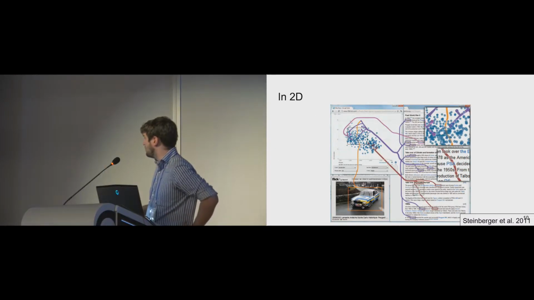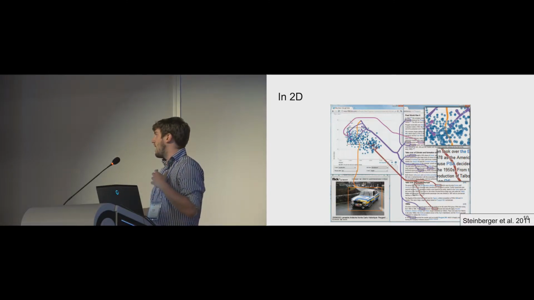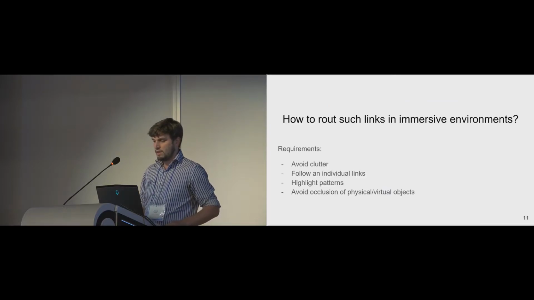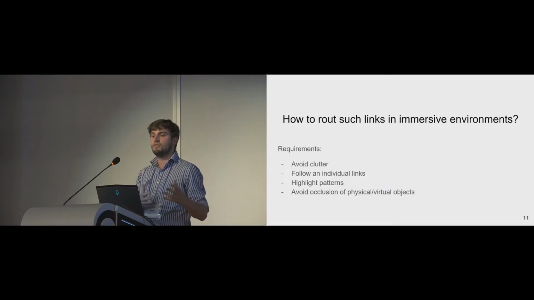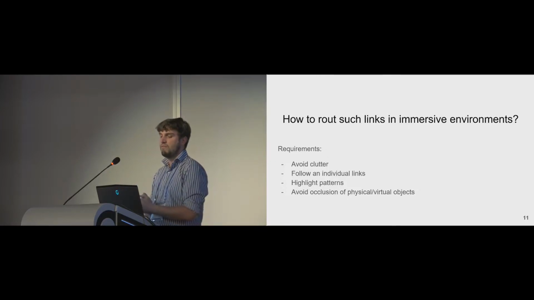In this work by Steinberger and colleagues, they've used an optimization algorithm to actually improve the readability of the links and avoid having the links clutter the visualization. And in our paper, we take inspiration from this method and apply it in immersive environments.